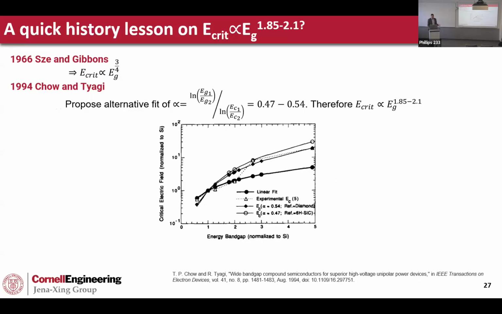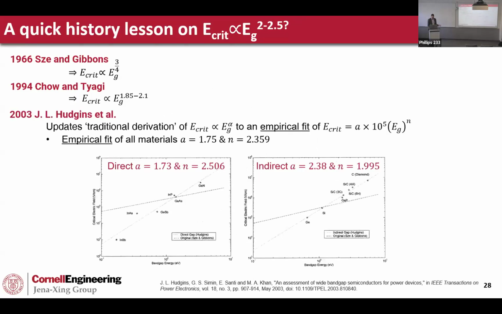So if you just normalize it to each other, then you get an E crit to EG of roughly 1.8 to 2. 10 years after that, we learned a few more materials. GaN became more prominent. Diamond was coming onto the scene, and they redid the analysis with an empirical fit, and they say, okay, it's not actually 1.8 to 2, it's actually 2 to 2.5.